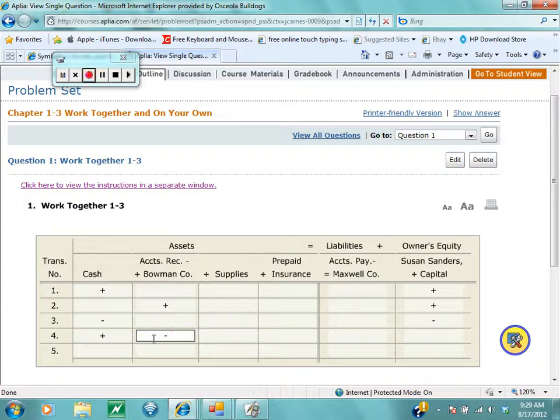Whoops, it doesn't like that. See, plus, negative on the same side of the accounting equation. If we have two transactions on the same side, one has to be plus, one has to be a negative. If they're on opposite sides, plus, plus, negative, negative. Does that make sense? I hope so.